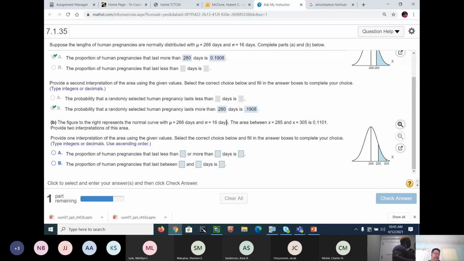So I'm going to do 285 in orange. 285 is right here. That's 285. And 305 is right about there.